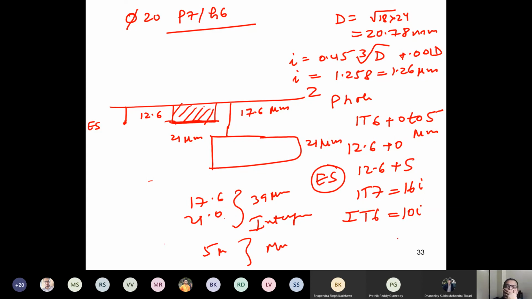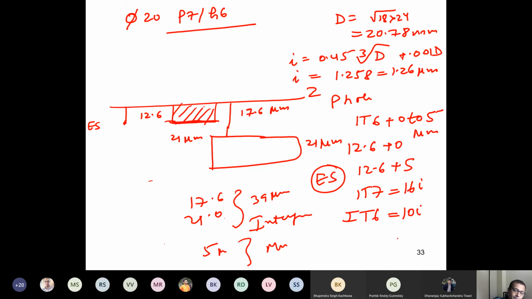So what kind of fit is this? Somebody? Complete interference, right?